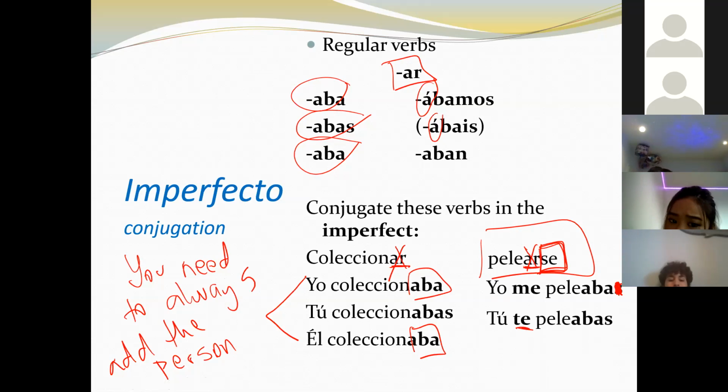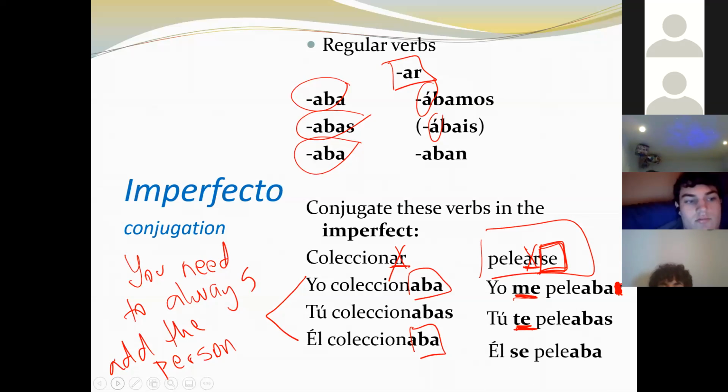And what are you missing? That is required. It's me, te, se. Say the whole thing. Él se peleaba. Él se peleaba. That's correct.